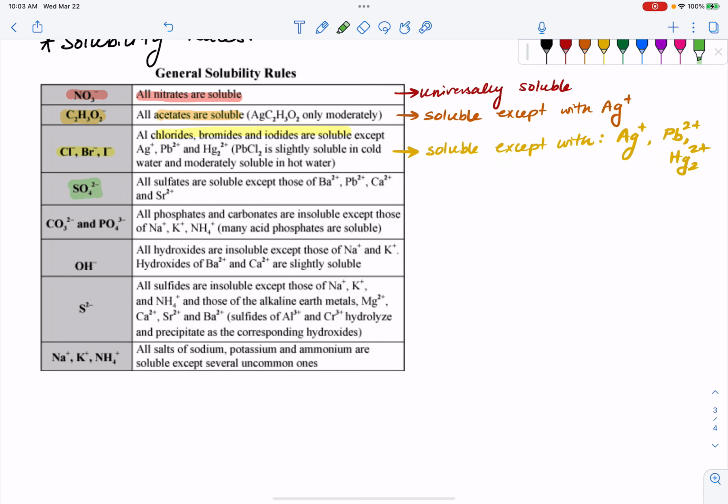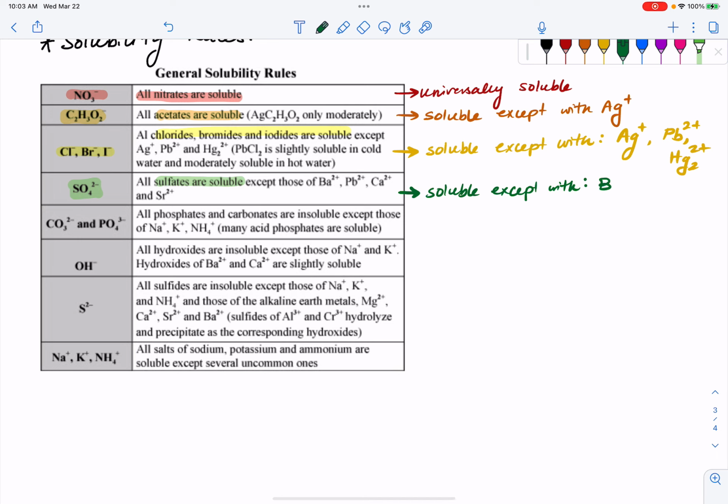Okay, up next, sulfates, another large polyatomic ion. So sulfates are soluble. However, there are some exceptions. There are sufficiently large cations that will couple with the sulfate polyatomic anion to create stable lattice structures. So sulfates are soluble, except with particularly our heavy group 2 metals and then also lead-2.